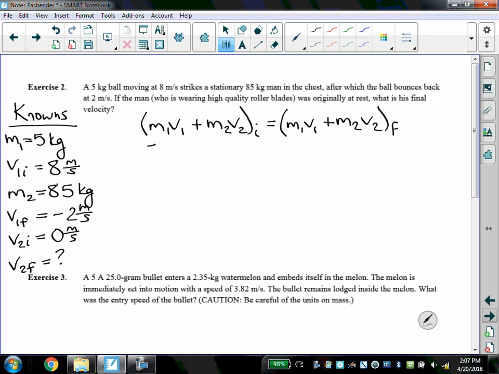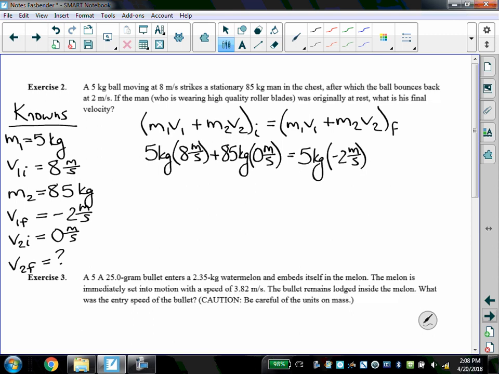So if I put in everything I know, we'll put 5 kilograms for the ball and 8 meters per second for the ball, plus 85 kilograms for the man times 0 meters per second for the man. That has to equal 5 kilograms for the ball times negative 2 meters per second, plus 85 kilograms times our mystery V. And that V is the only thing that we don't know.